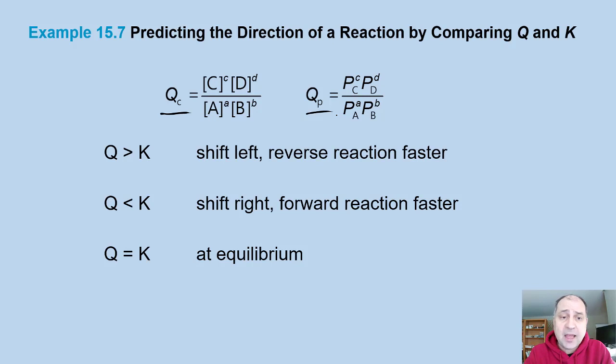It's set up the same way, but the value of Qc is either going to be larger than or smaller than K. If it's larger than K, it's going to shift to the left, back to the reactant side, and if it's smaller than K, it's going to shift towards the product side, or the right side. And I probably won't give it to you that it's equal, because then you don't have a calculation to do.